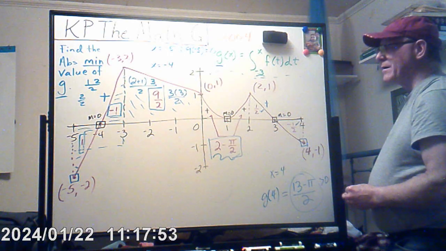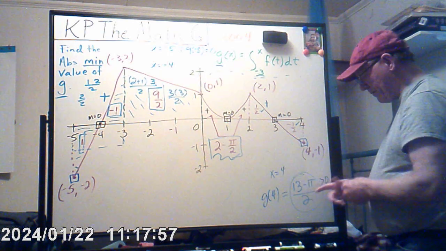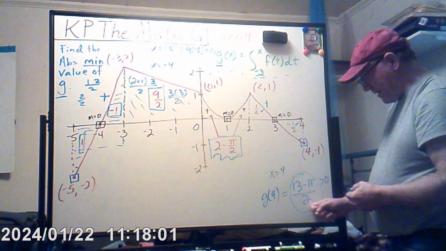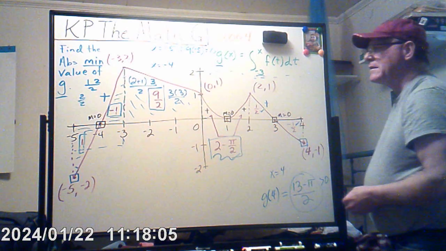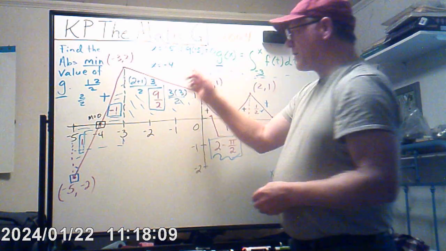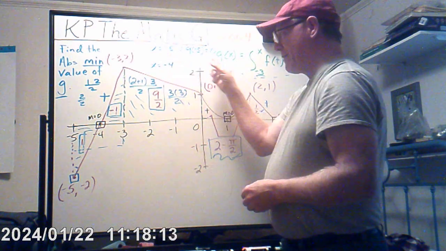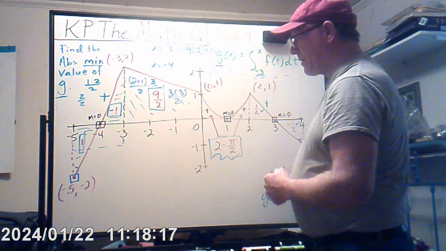Alright, greater than 0, isn't it? Okay, we think of pi as just even 3. 13 minus 3 is 10, and 10/2 is 5, and 5 is certainly greater than 0. Alright, so that's greater than 0. We're looking for where this is equal to 0, so far x equals 5 is less than this one, okay?